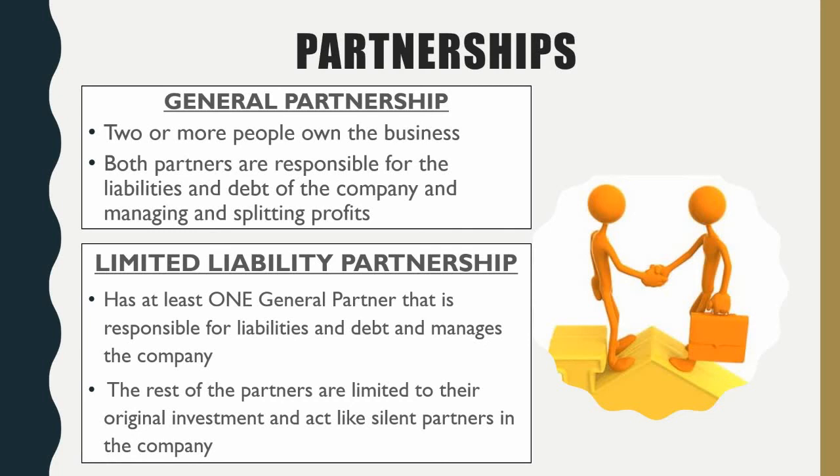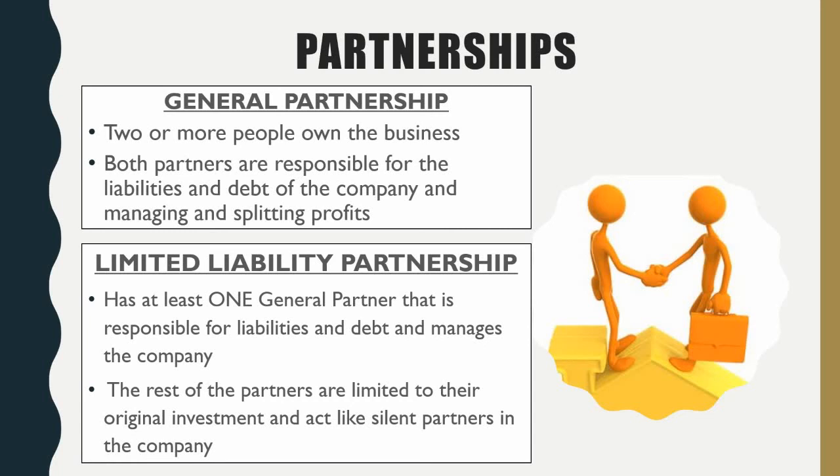Now, the difference between a general partnership and a limited liability partnership is that you can have two or more partners. However, you need to establish one of those partners to be the general partner. For those who've heard the term before, there is the silent partner.